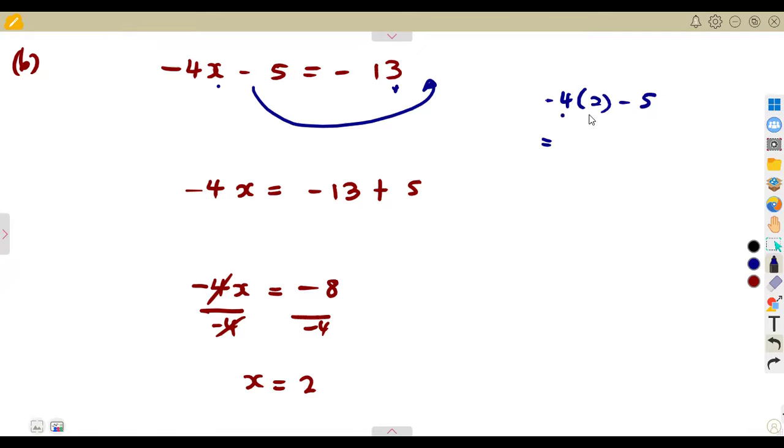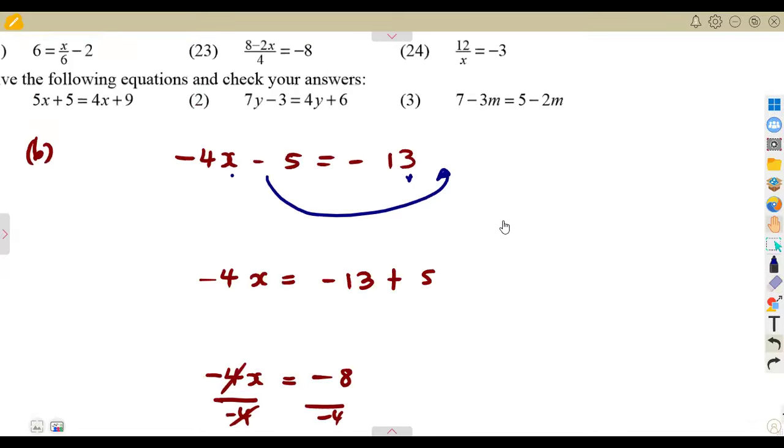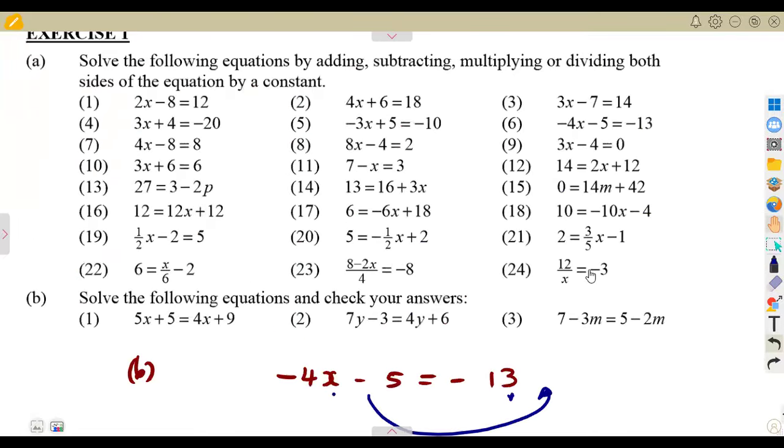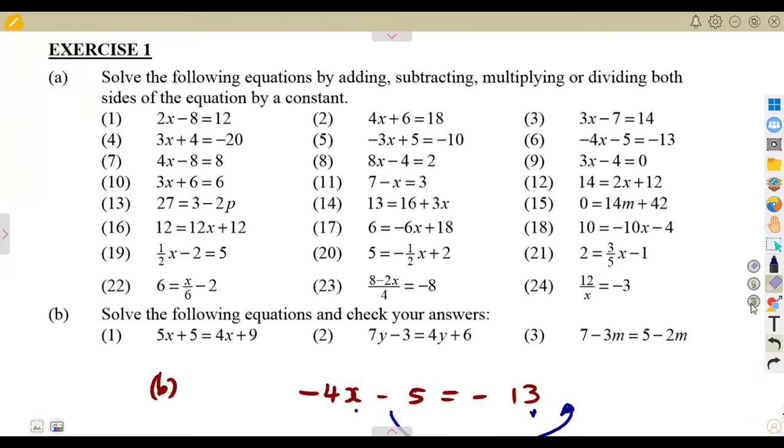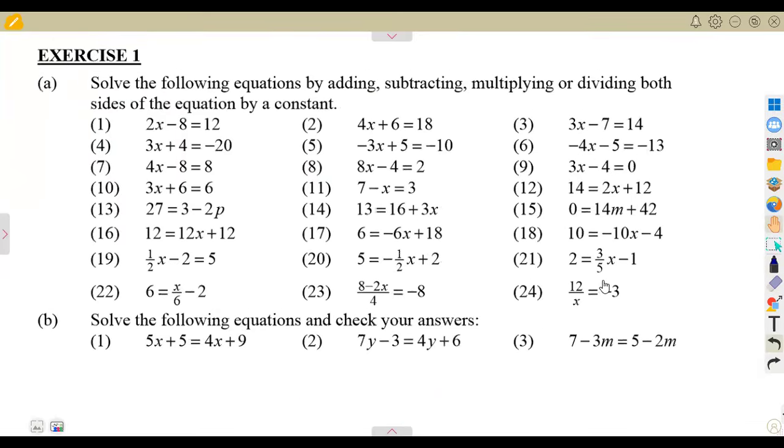So this is minus 4 times 2, which is minus 8, minus 5, that is minus 13, which is exactly what you have on the right-hand side. So this is just a proof to see if truly the value that you have there is exactly the value that satisfies the equation.